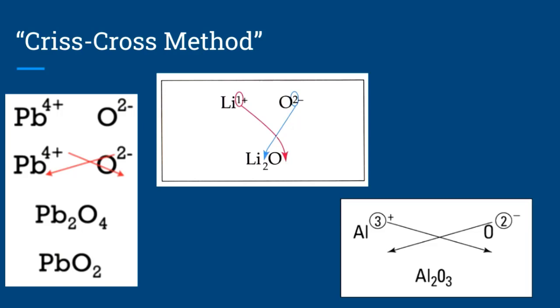Oxygen, on the other hand, has a charge of 2 minus. If we form an ionic compound, what are the charges that they form? Using the crisscross method, it's pretty easy. We just use the charge of lead as the quantity of oxygen and do the same the other way. And so we see that it forms Pb2O4, and if you simplify that, you get PbO2, which is the neutral ionic compound that's formed.